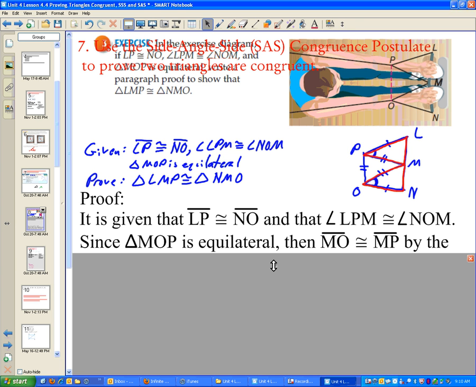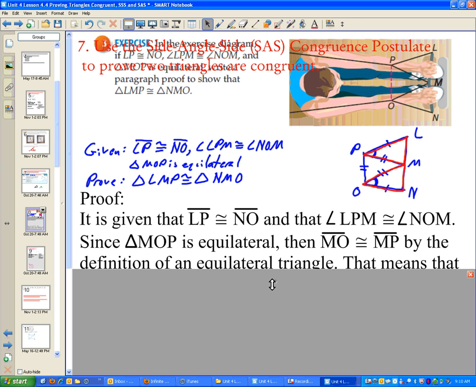All right, I want to state that segment MO is congruent to segment MP. That gets us our second pair of congruent sides. So, since triangle MOP is equilateral, so that's the reason, then segment MO is congruent to segment MP. Well, in fact, part of the reason is triangle MOP is equilateral.